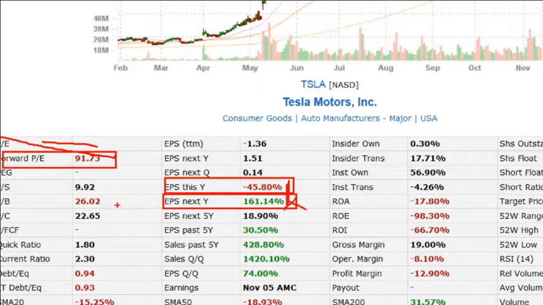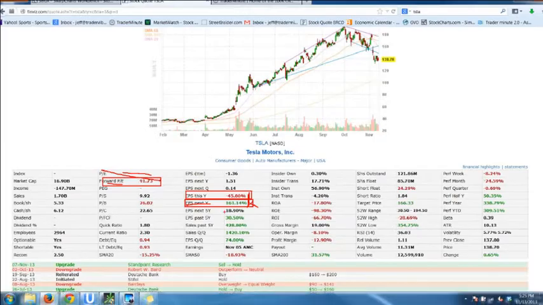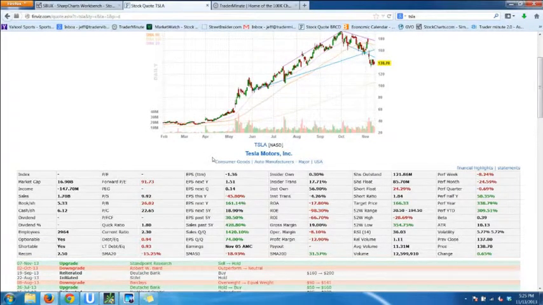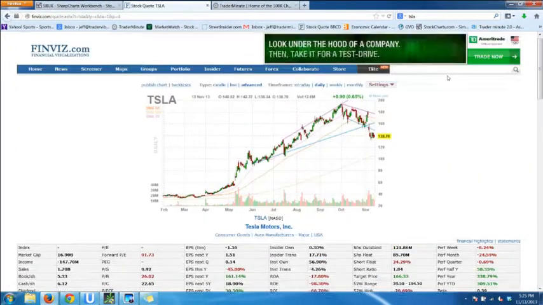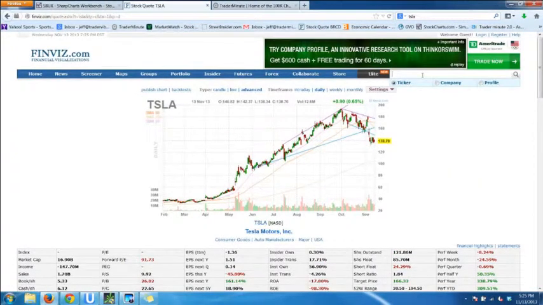So this little comparison between value and growth, and I prefer to use forward PE and earnings per share next year, is what can say to you, you know what, this stock may have some upside, or maybe it's getting a little overheated.